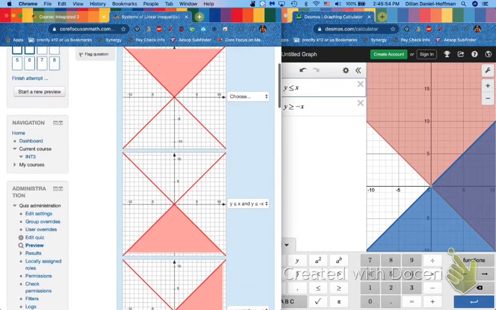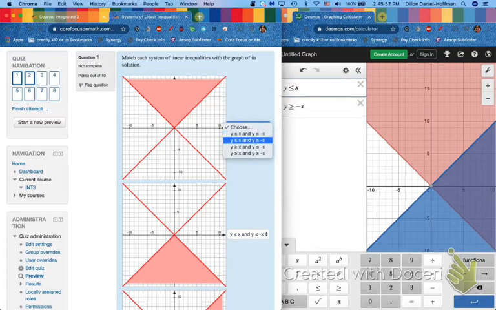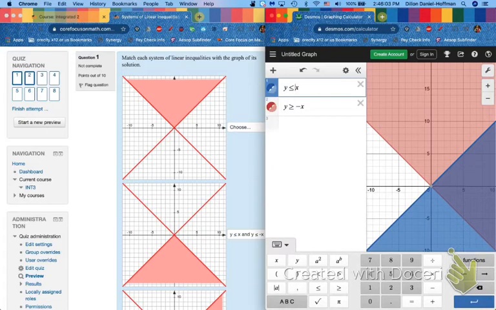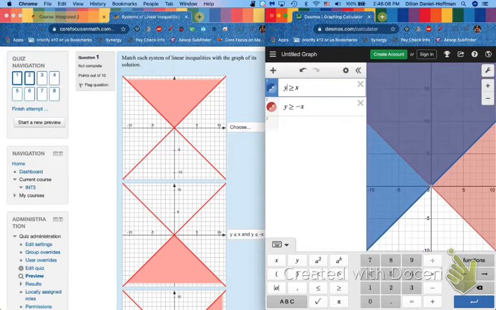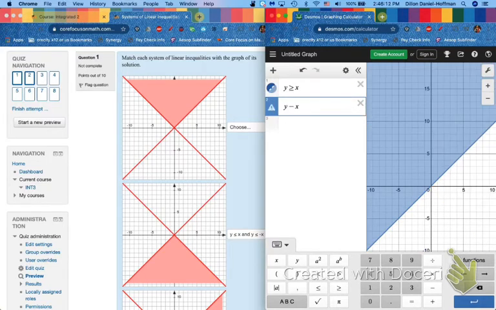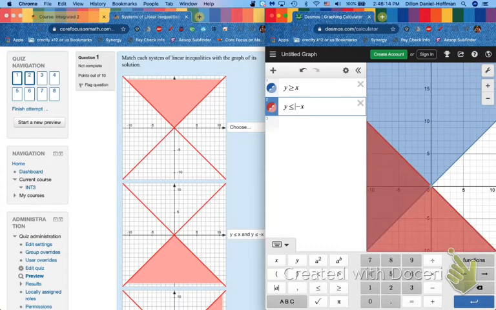All right, what happens if I change them to this? Greater than or equal to x, and less than or equal to negative x. And I click on the blue one again. Whoop, it's on the left side.